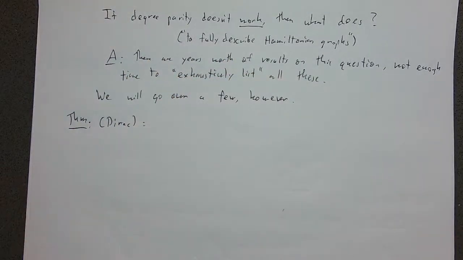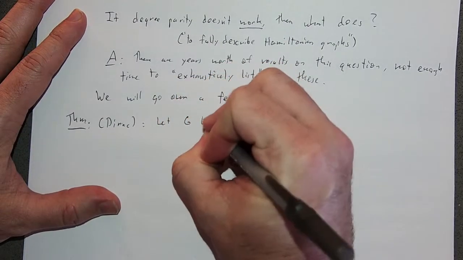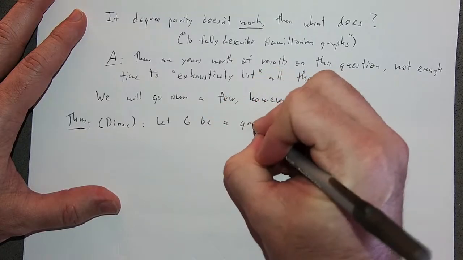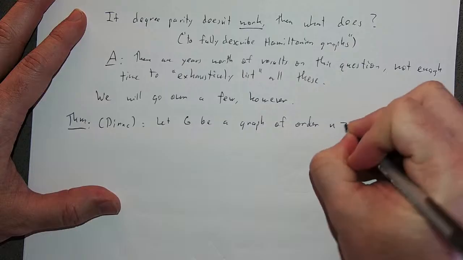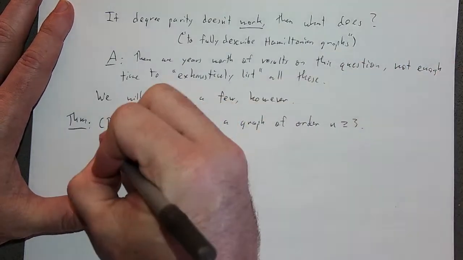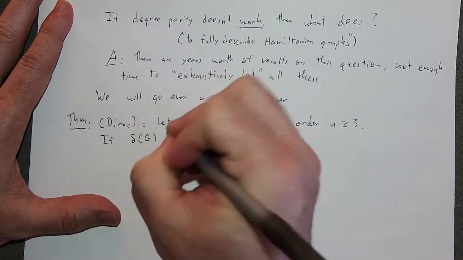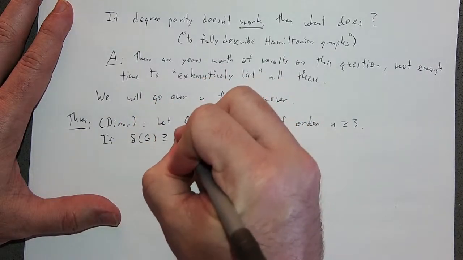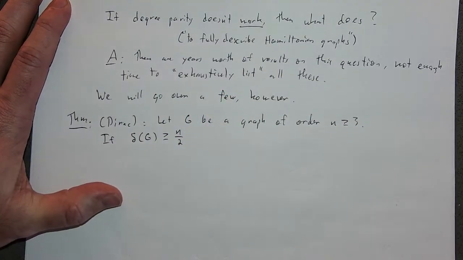Let G be a graph of order n greater than or equal to 3, so order at least 3. If the minimum degree of G is greater than or equal to n over 2, then G is Hamiltonian.